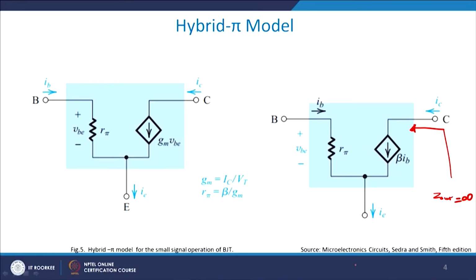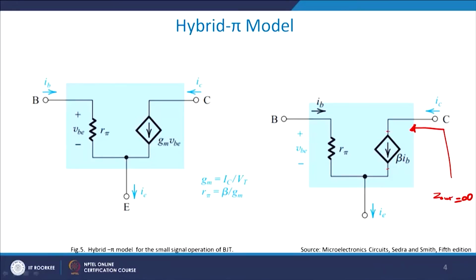So if you follow a hybrid pi model, then Z out will be infinity, the reason being that we are looking into an ideal current source. Assuming it to be an ideal current source, Z out will be infinity, whereas looking from the input side, Z in, the input impedance, will be approximately equal to R pi.